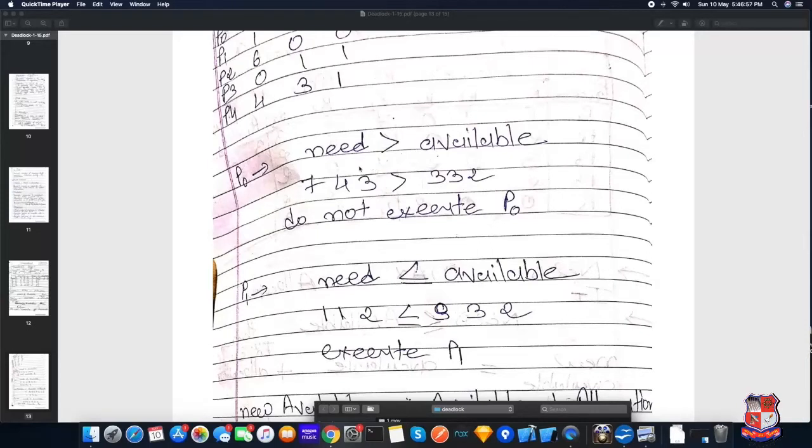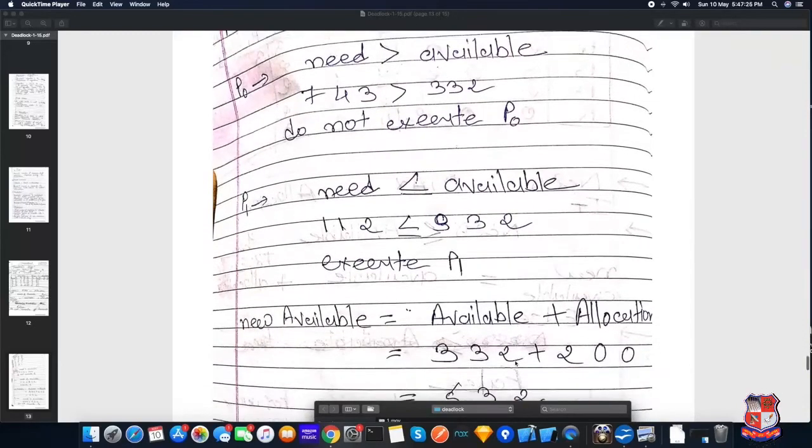In this situation, the need is greater than available, so the condition is false, and we do not execute the P0 process further. We come forward to the next process, P1. The need value of P1 is 112, and the available value is 332. So need is less than or equal to available, and the condition is true.